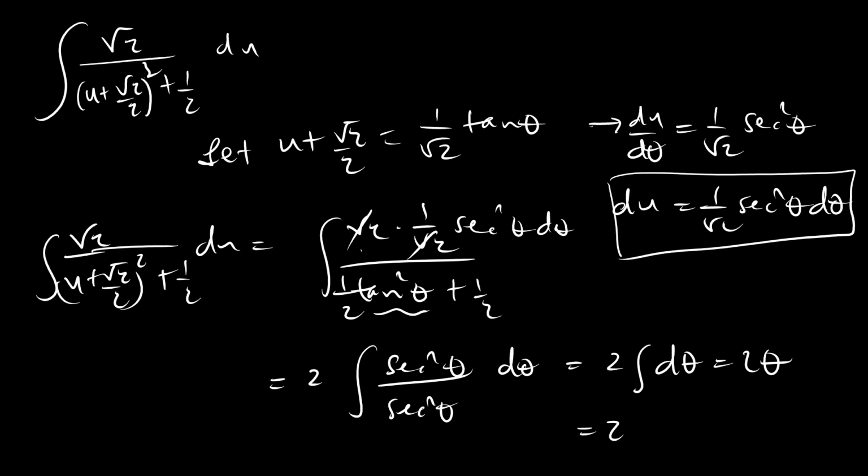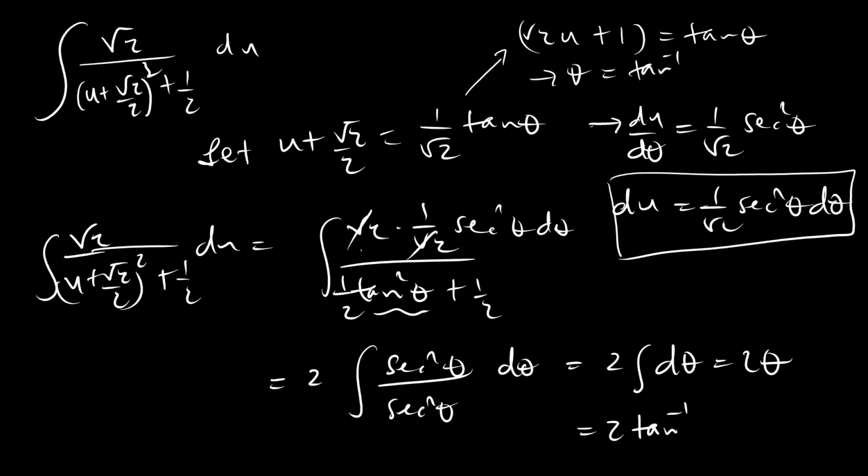So in other words, we have 2 arctangent of, from here we have root 2 u plus 1 equals tan theta, and therefore theta equals arctangent of root 2u plus 1. So this becomes 2 arctangent of root 2u plus 1 plus c.